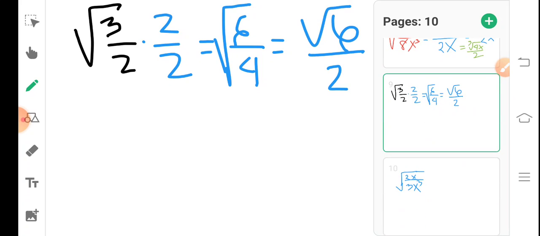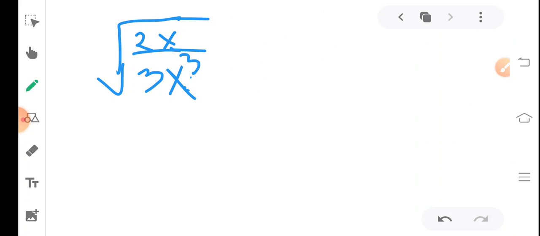Next, another example. Again, we have to make our denominator a perfect square. What is that number that if you multiply with 3, the answer is a perfect square? So multiply it with 3.